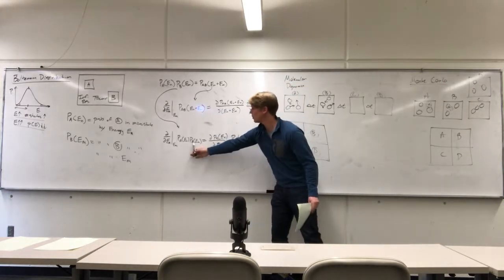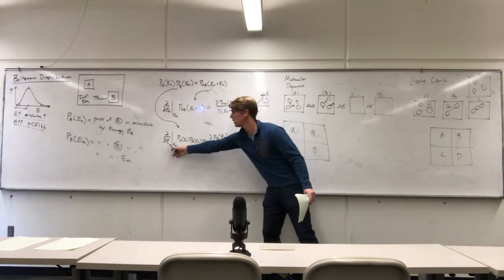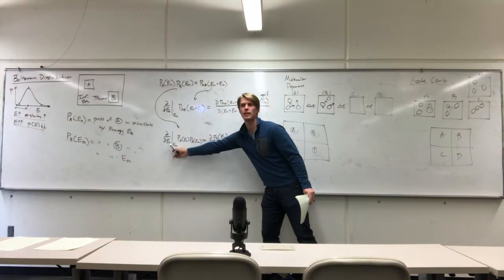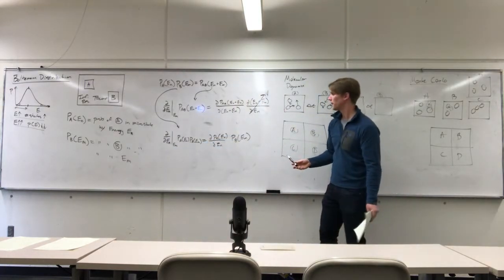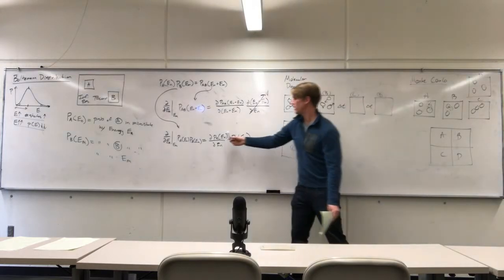However, the probability of subsystem B, depending on the energy of subsystem A, is 0 because they're not connected in any way. They're only connected through the reservoir. So this one simplifies to just these terms here.